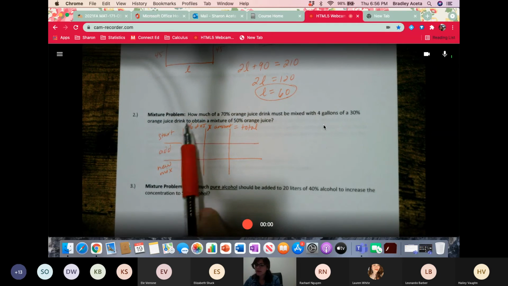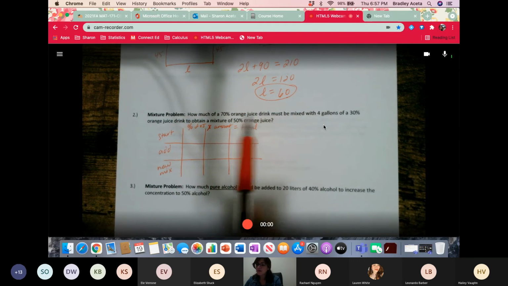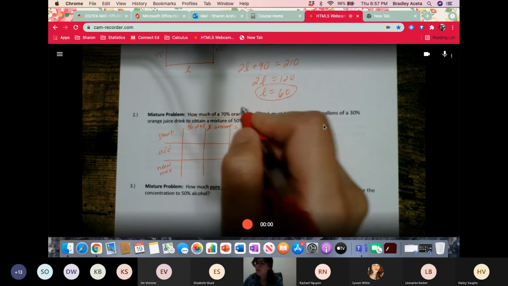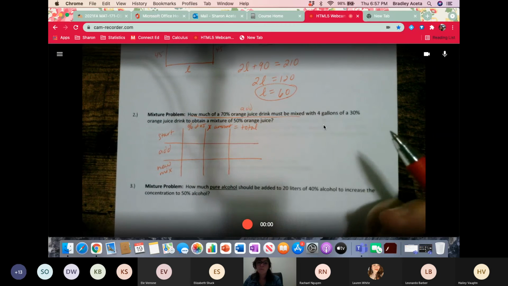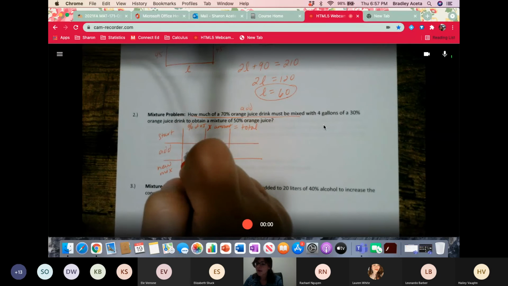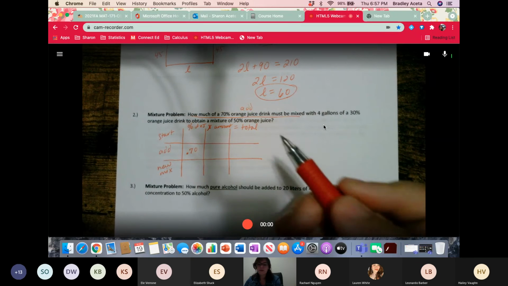So let's read this again. How much of a 70% orange juice drink must be mixed? So that right there, how much of 70%, is what we're adding. So we're going to add 70%, and I'm going to write it as 0.7. 70% is 0.7.